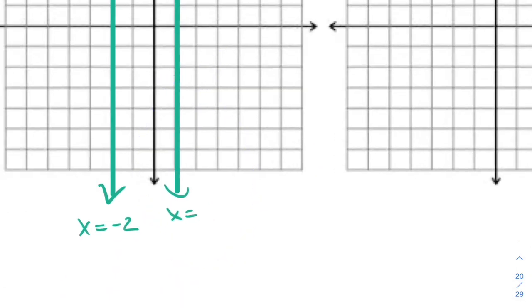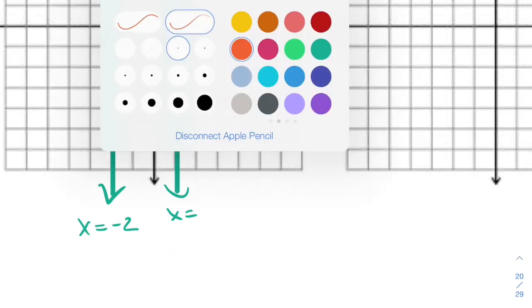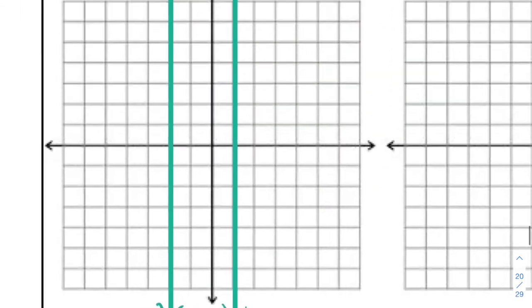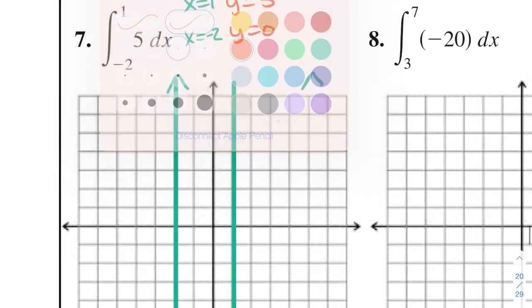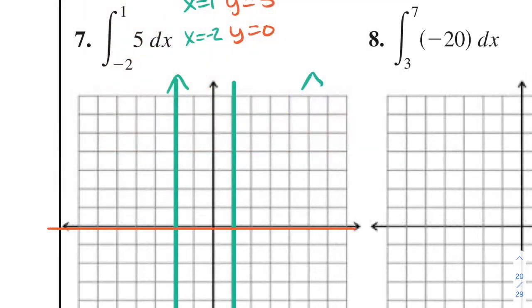Well, lucky I have this iPad. That's easy to fix. Okay, and between 0 and 5. So I got my numbers right at the top. I'm just not paying attention. 0 and 2, 4, 5. So y equals 5, y equals 0.